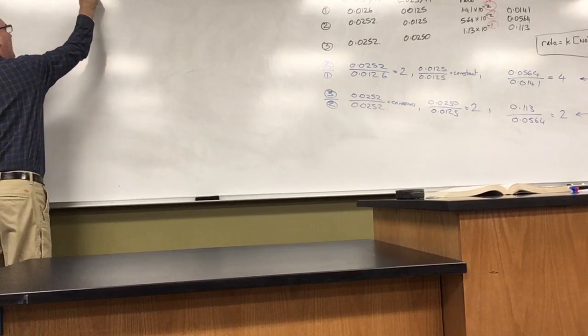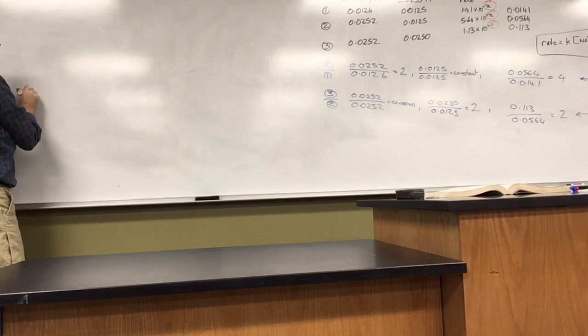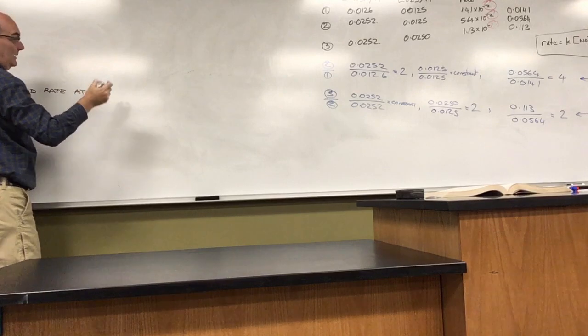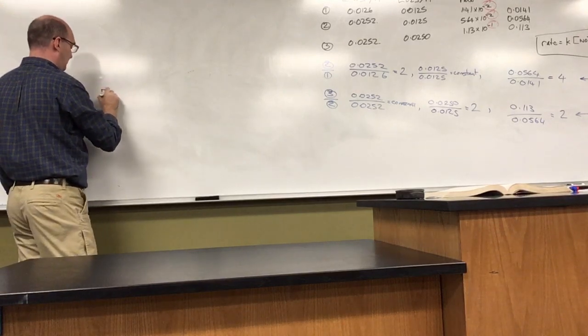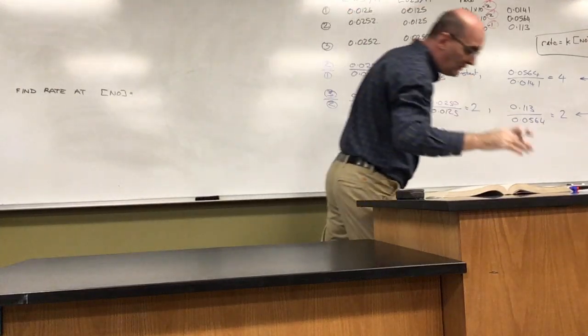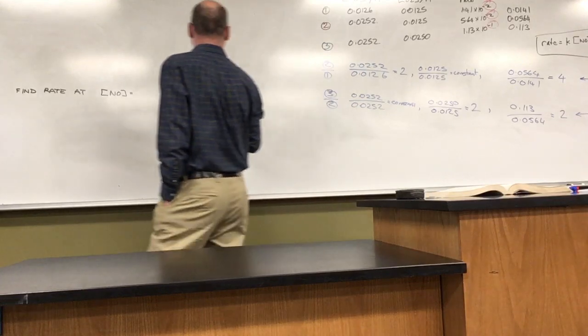We're going to find the value of K, and then we're going to find the rate at some completely new concentrations. It says 0.75 and 0.01.